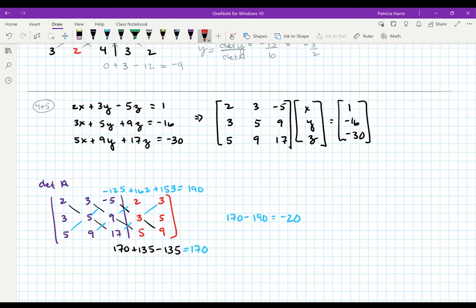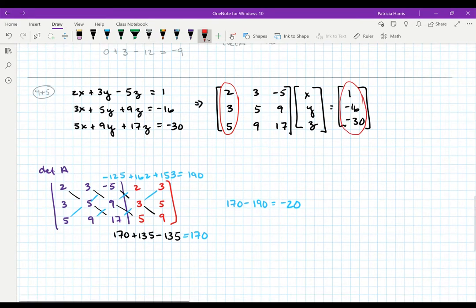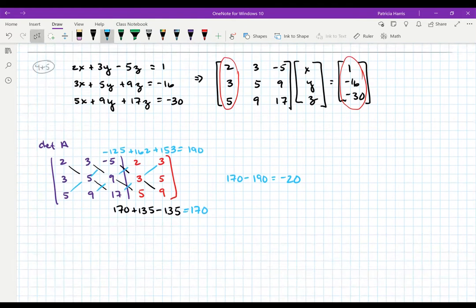So you remember, you're replacing the column of the variable that you want to find with the constant column. All right. So 1, negative 16, negative 30 replaces my first column.